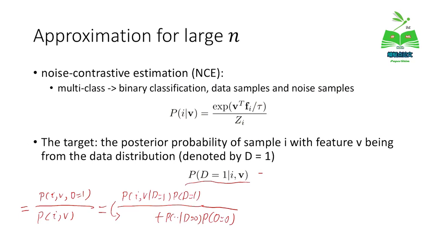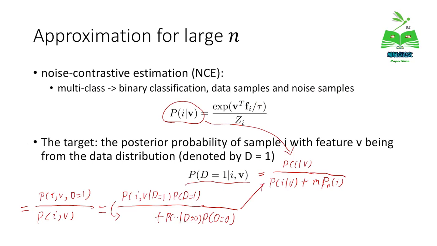And finally, in this paper, they directly give a definition based on this one, equal to 1 plus n P_n(i). From this to this, I can't find the way from this one to their final definition, but I can only explain it a bit.